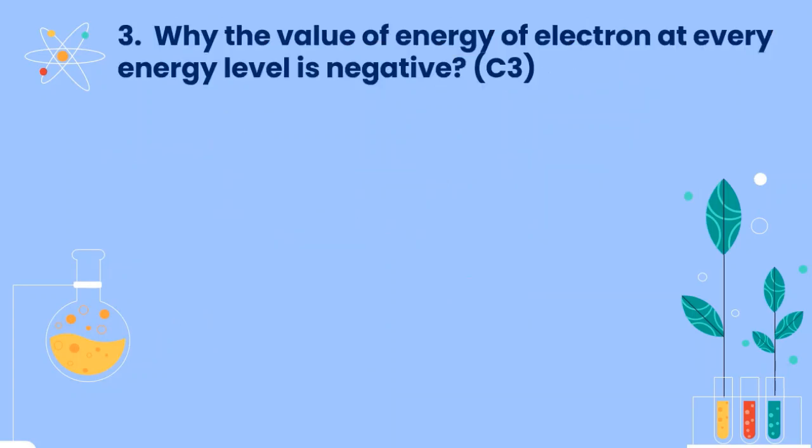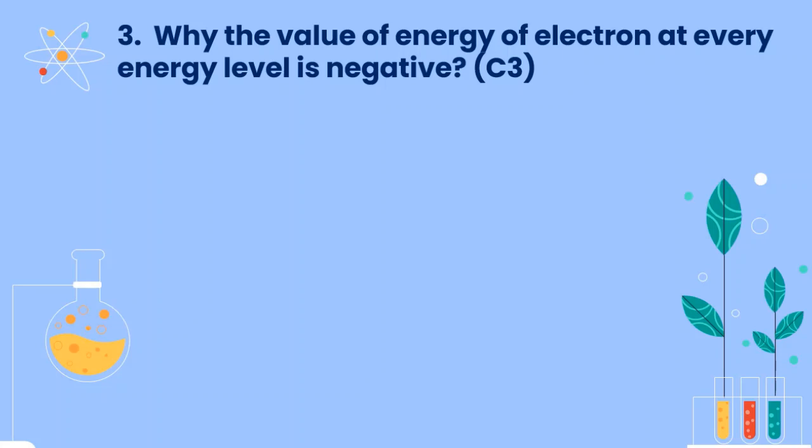This question asks you why the value of energy of an electron at every energy level is negative. This has something to do with the value of energy at infinity. The previous question asked you to calculate the energy of an electron at infinity, and you got the answer to be 0 joule.